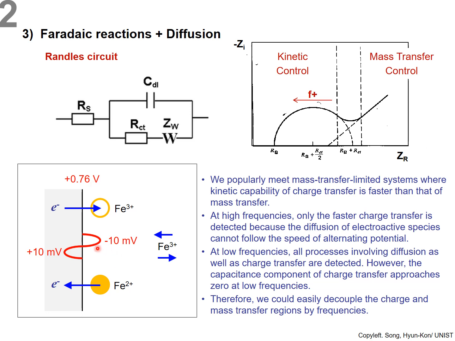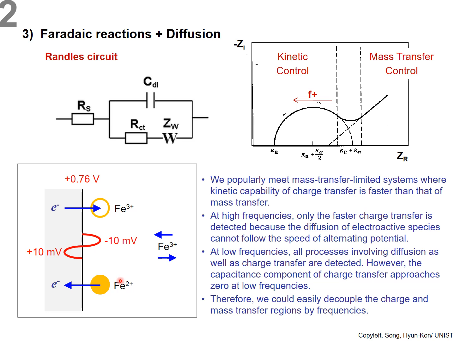So at minus 10 millivolt variation, Fe3+ is reduced into Fe2+. Or at plus 10 millivolt, Fe2+ is going to oxidize into Fe3+.